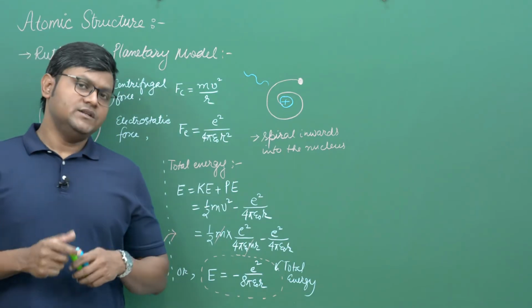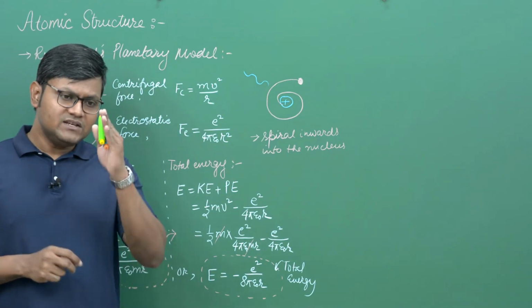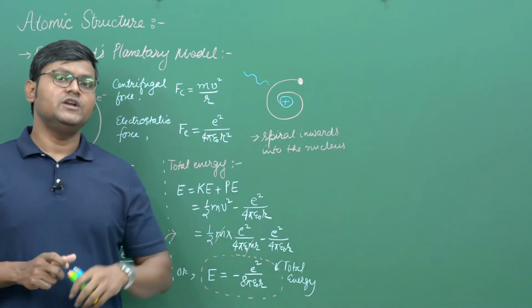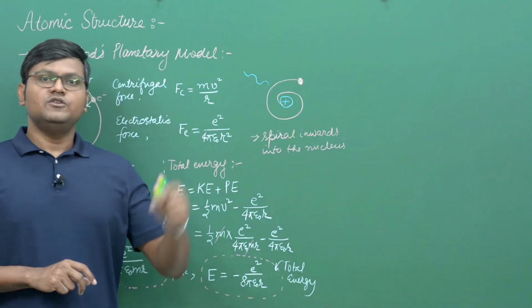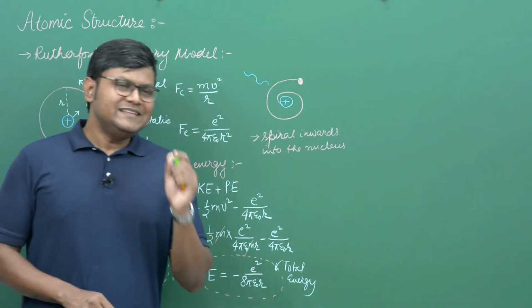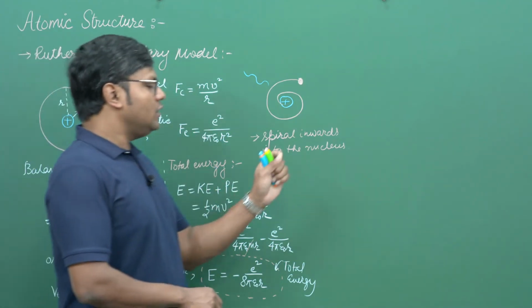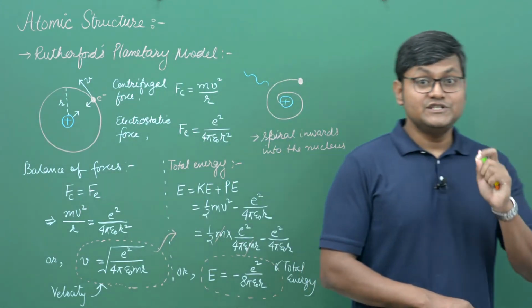But we do not see a continuous emission spectrum. We see very discrete, specific lines corresponding to certain specific wavelengths, which are a signature of that particular element. So based on these reasons, the Rutherford model was quickly rejected.